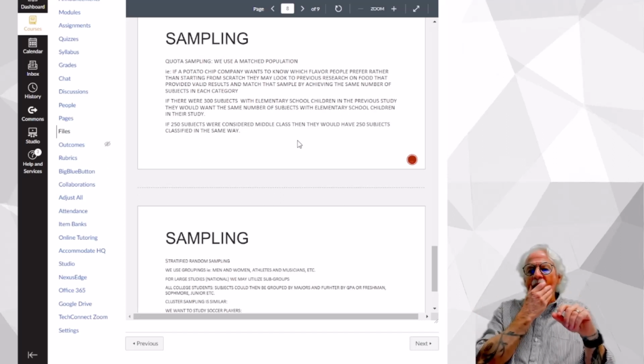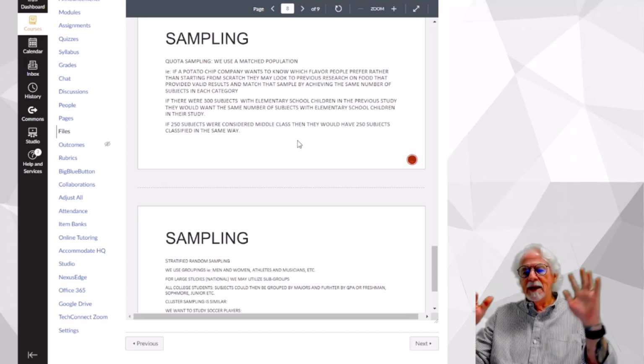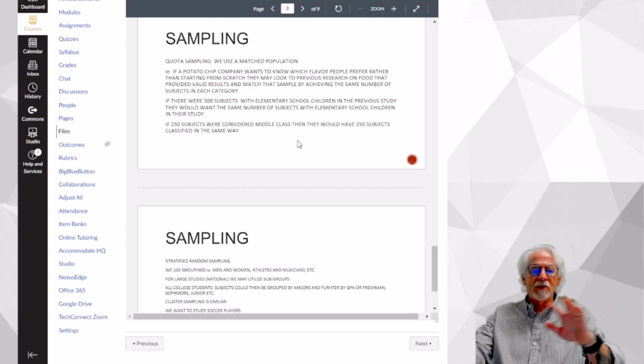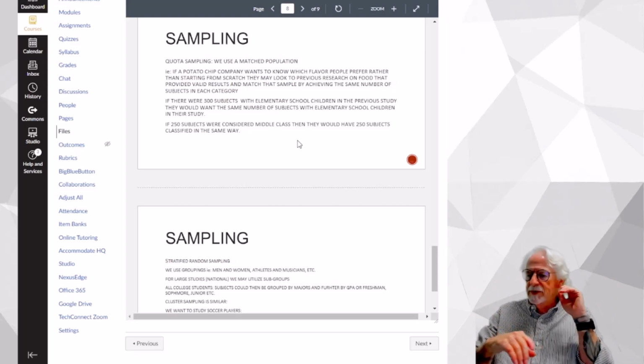Meaning, if I have 100 people under the age of 18, then I'm going to want 100 people under the age of 18. If I have 100 people that are Hispanic, then I'm going to want 100 Hispanics, right? So I'm going to match that and do what we call quota sampling, right?